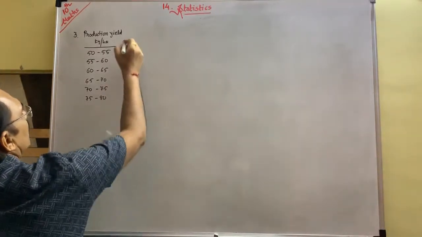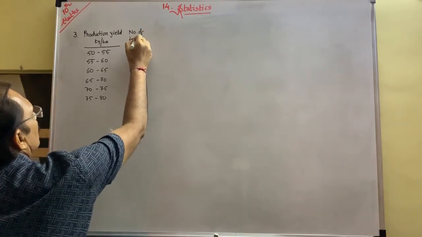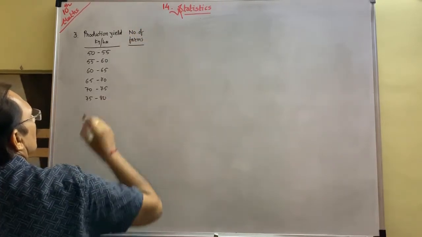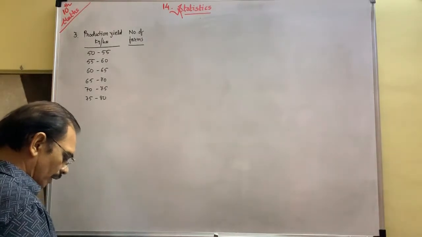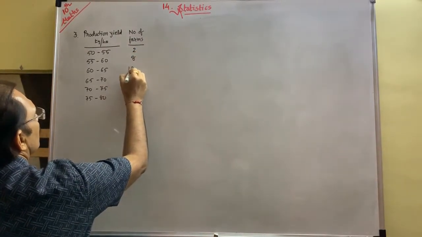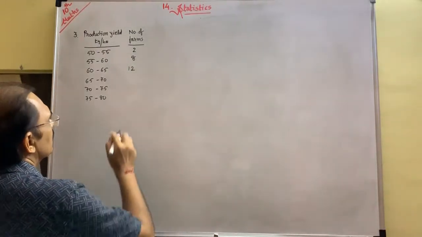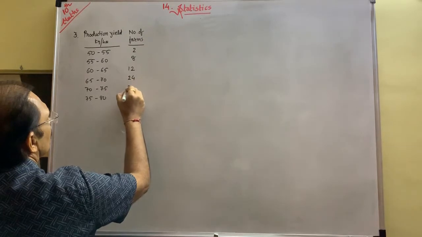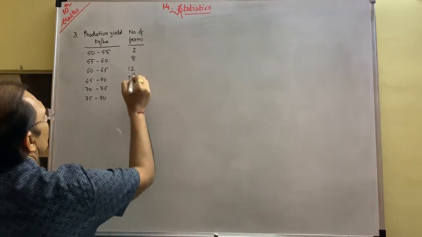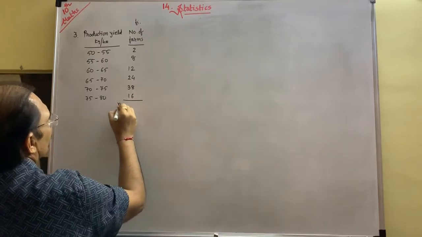Now number of farms, fi: 2, 8, 12, 24, 38 and 16. This is your fi.